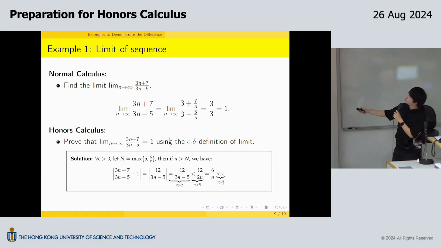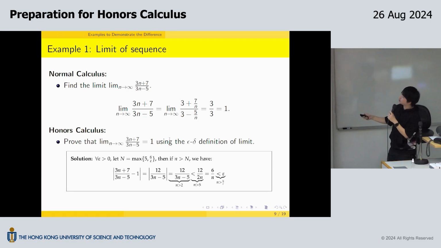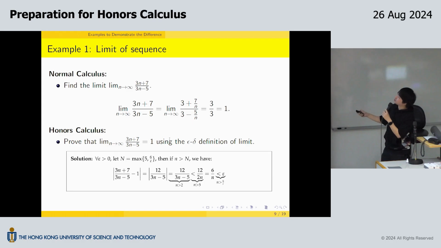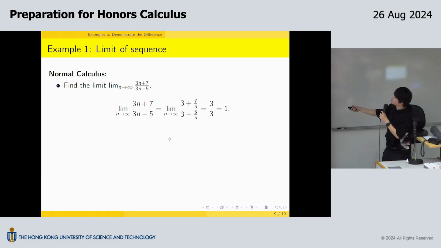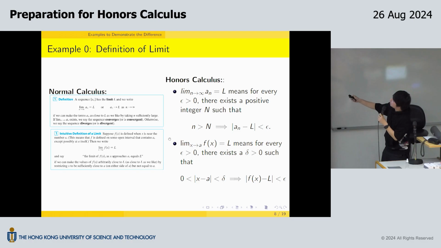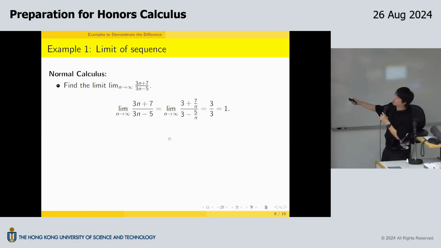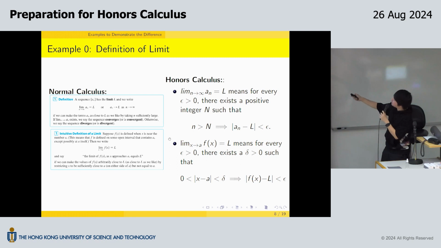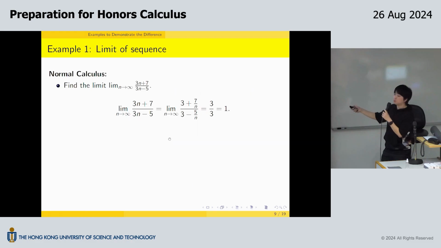On the other hand, for the honor calculus course, you are not asked to evaluate this. Instead, you will be asked to prove that the limit equals 1 using the definition of limit. What does it mean to use the definition of limit? That means you plug in a_n as this general term, and you want to verify that this definition holds for the limit.